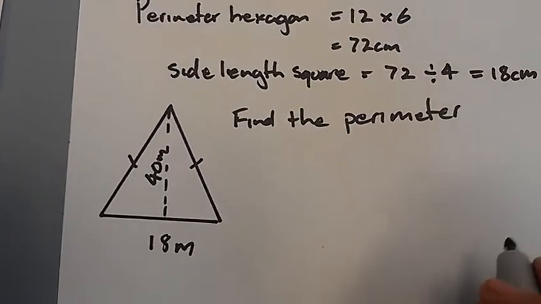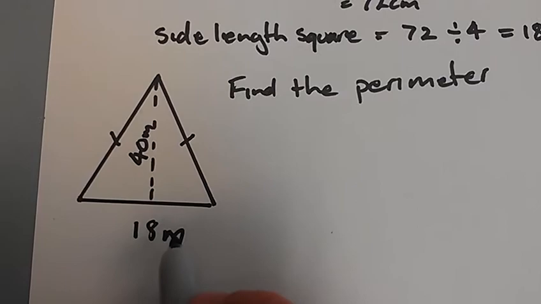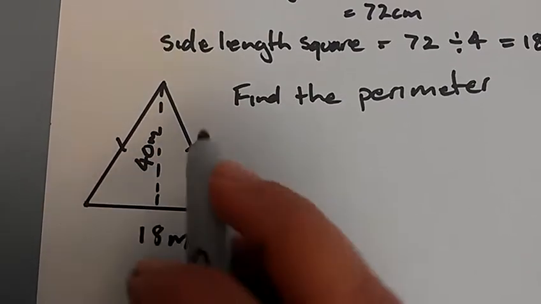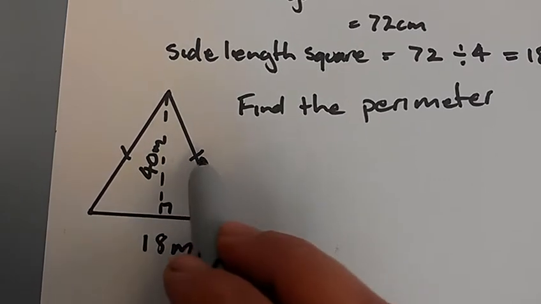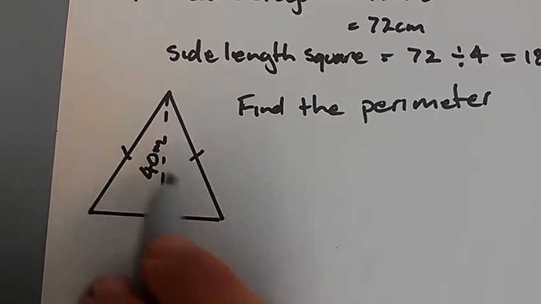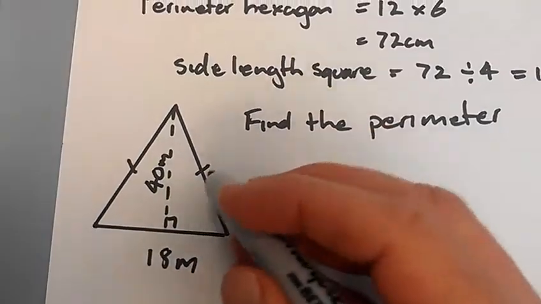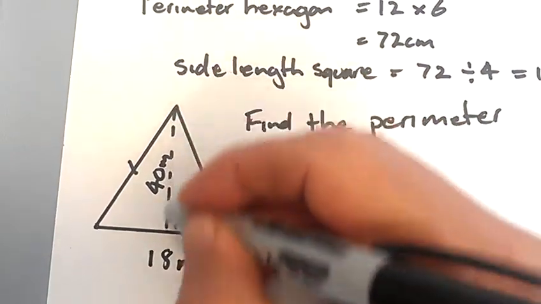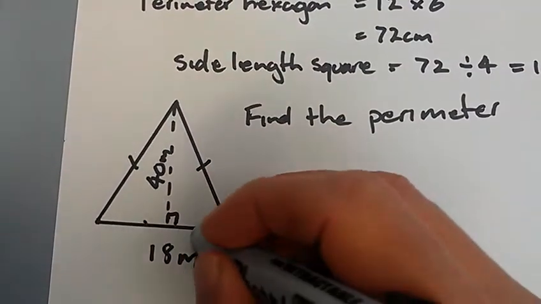Other shapes, like this one. Find the perimeter of this particular shape here. So this time round, I've been given some information about this triangle, being an isosceles triangle, but I haven't been given these two sides here. So I've got 18, 40. What happens in an isosceles triangle is this vertical line will cut the bottom side in half.